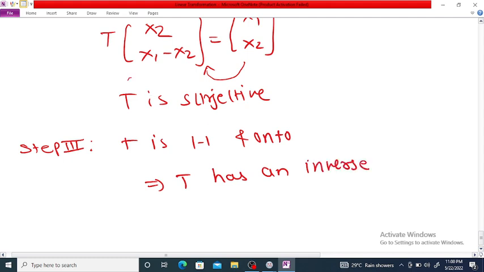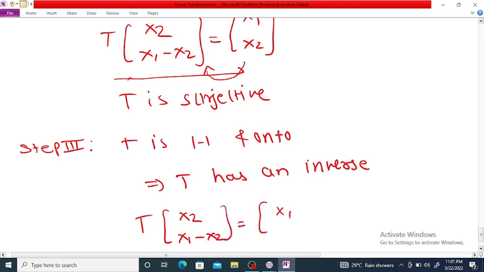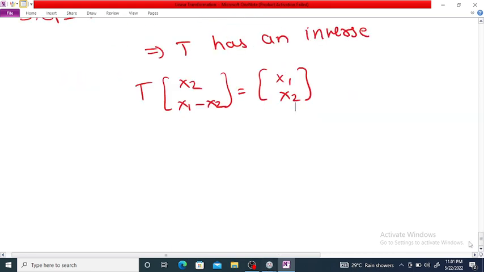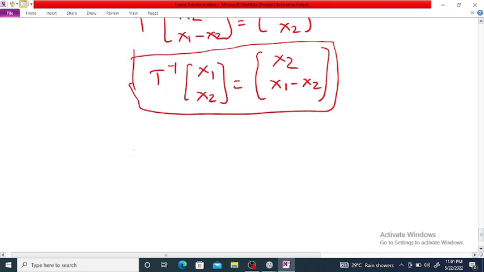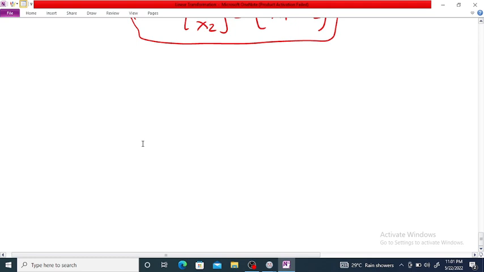From this we get the formula, since T of x2 and x1 minus x2 is equal to x1 x2, therefore T inverse of x1 x2 is equal to x2 and x1 minus x2. So this is the formula for T inverse of x1 x2. Now the last, example number 5.